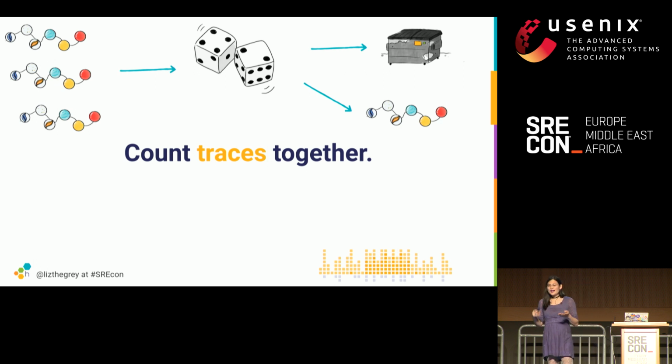Well, we don't have to independently roll whether or not we keep each event. Instead, we can look at something like the trace ID and say if the trace ID ends in a 0, I'm keeping it. Or you can say, I'm going to make a sampling decision at the beginning, and then I'm just going to pass that along with my trace ID in order to decide whether or not I'm keeping it or whether I'm discarding it.